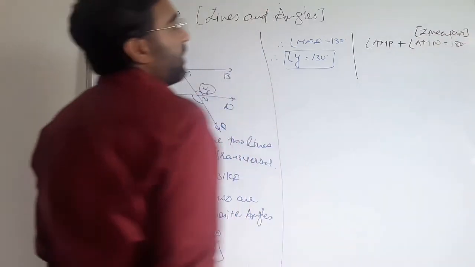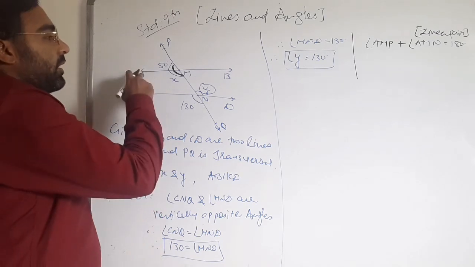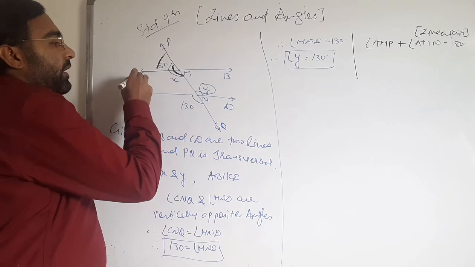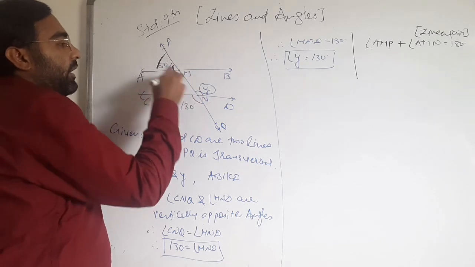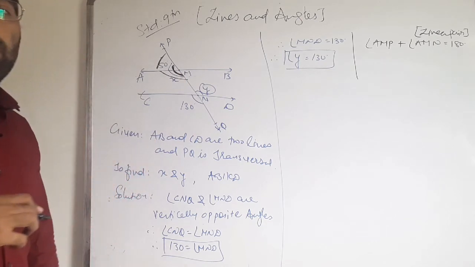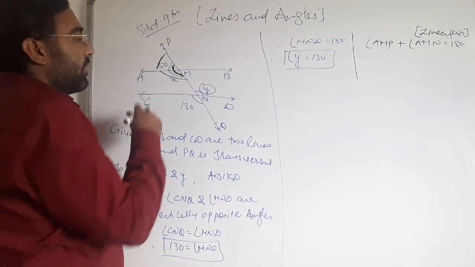This angle AMP and this angle AMN, the sum of these two angles is equal to 180 degrees because they are a linear pair of angles.